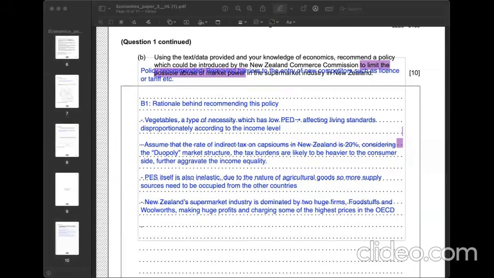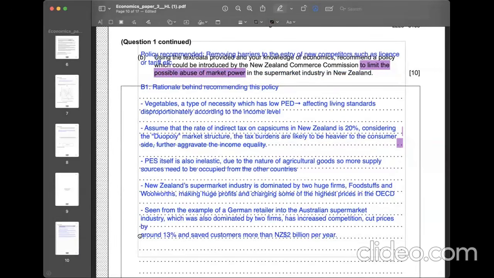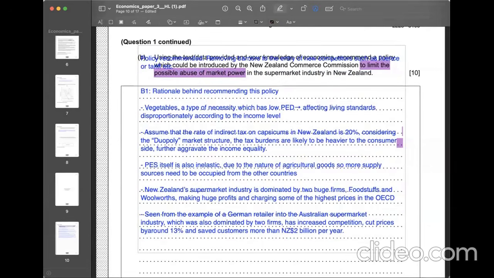And the last rationale that I want to persuade the government with is the example of a German retailer entering the Australian supermarket industry, which also used to be dominated by two firms, but now competition is increasing by allowing the German retailer in, so that the industry itself is cutting prices thanks to the competition.